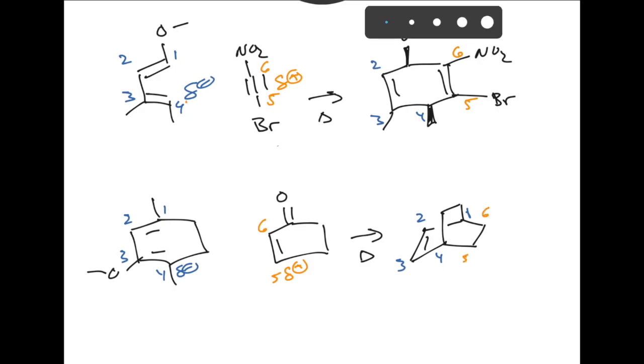So here our carbonyl wants to be straight down, right? It wants to be endo. So I've got 1, 2, 3, 4. So I make a 5-membered ring. Right?